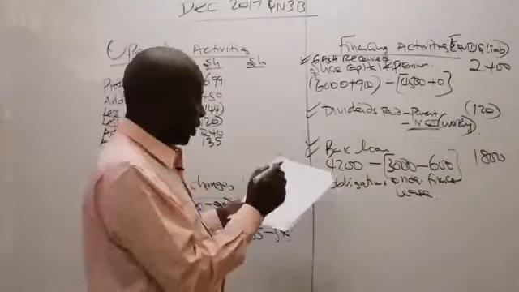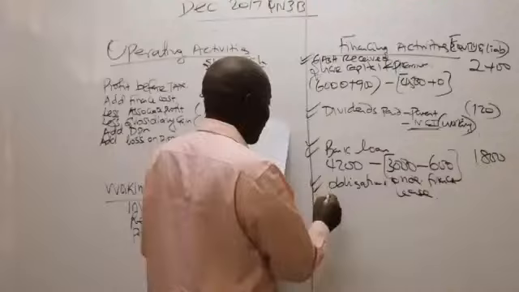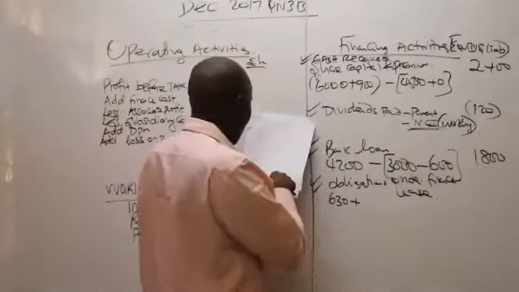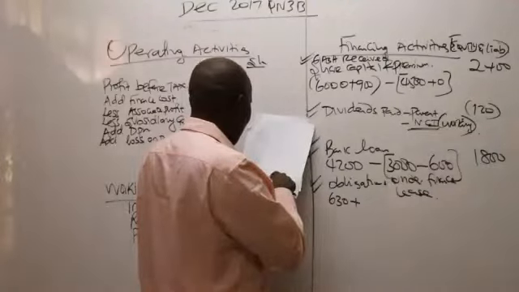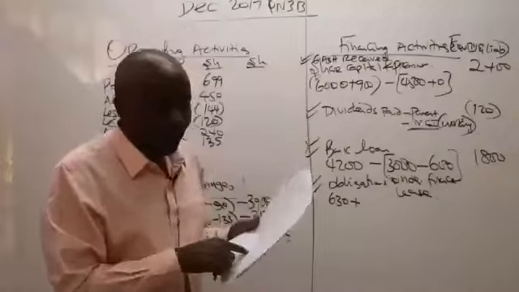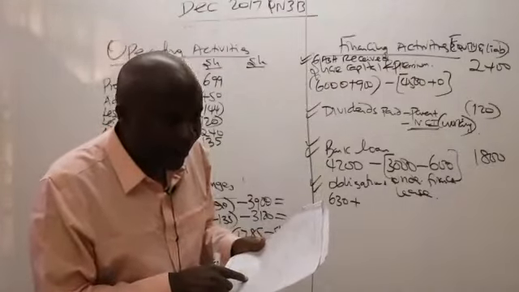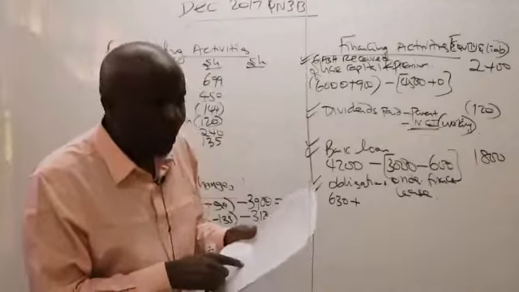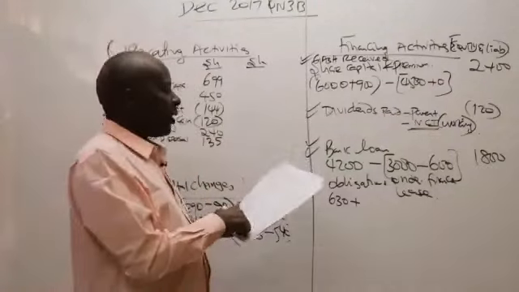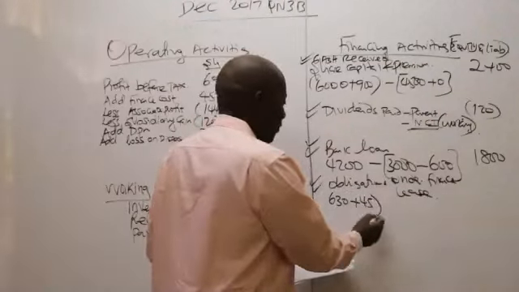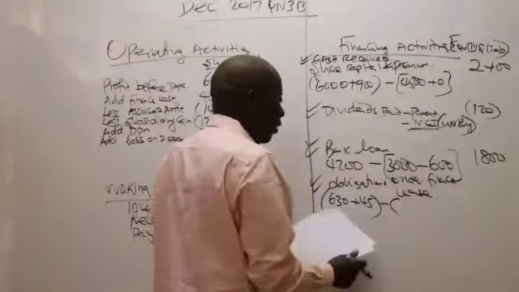So I see there 630 plus the one which is under current. Under current I can see is it 45. Minus opening.